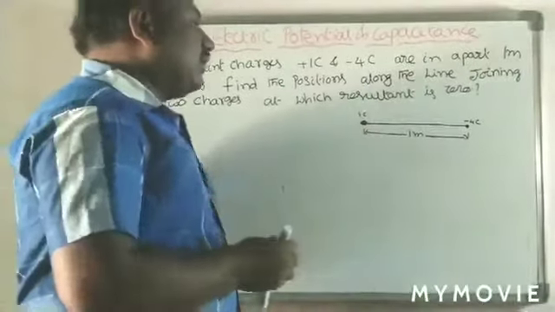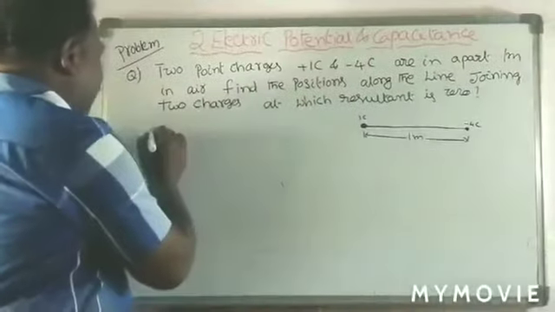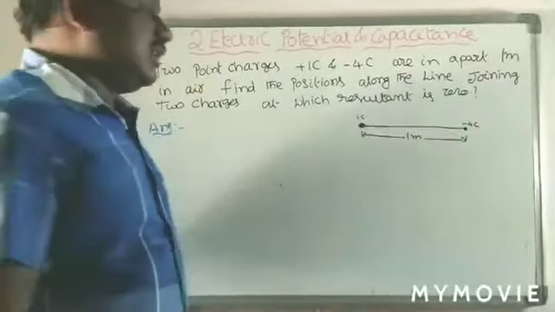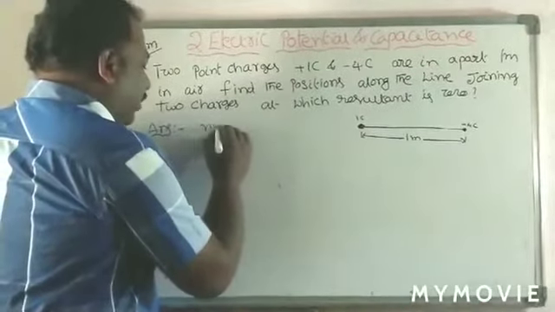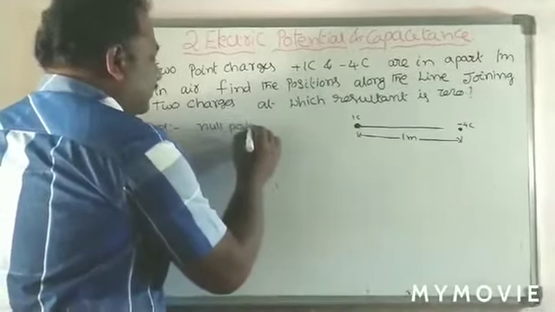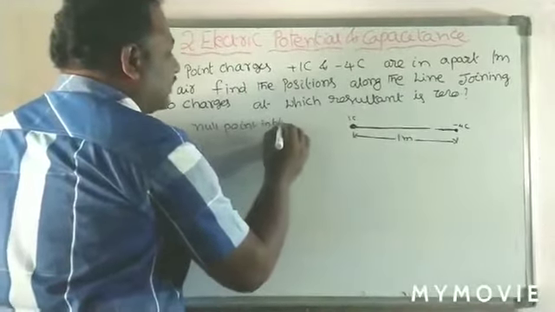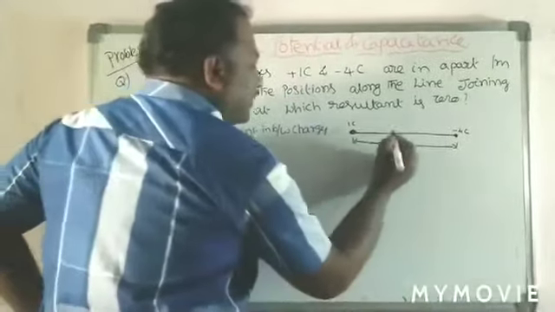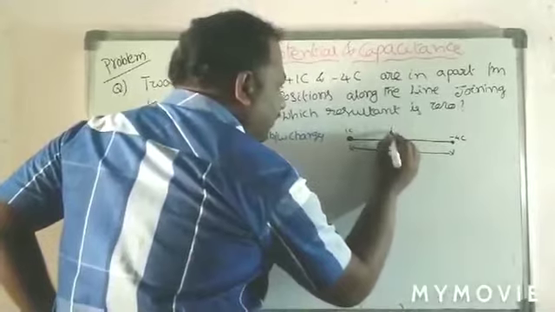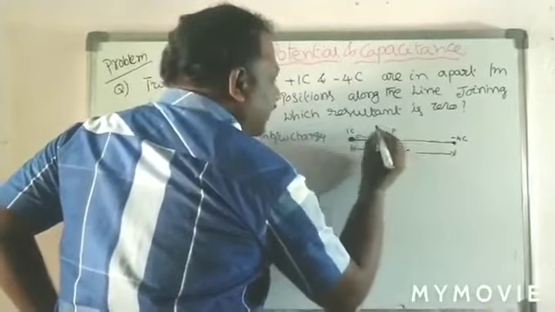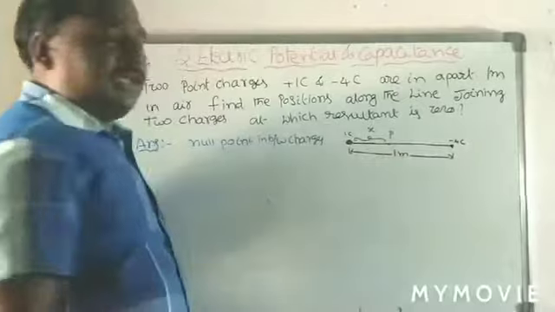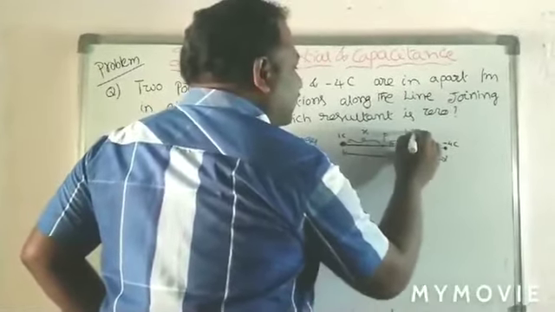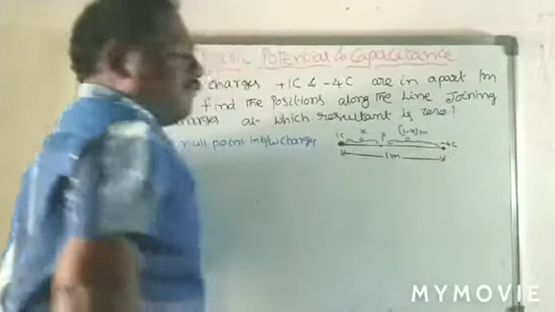We solve this problem in two ways, that is, in two cases. The first case is the null point in between the charges. If the null point lies in between the charges, for example, I consider a point P. The point P is at a distance of x meters from the 1 coulomb charge and at a distance of 1 minus x meters from the minus 4 coulomb charge.